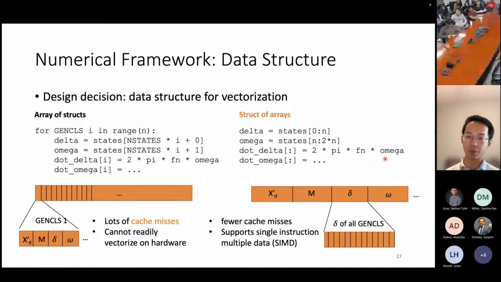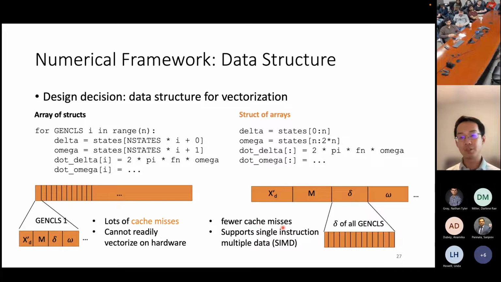So this is just one structure, and this structure demonstrated here has 4 arrays. Each of them stores the whole array of the rotor angle variable of all the Gen class devices. In other words, they're stored in contiguous memory. So when we retrieve the data, we retrieve all the delta, all the omega at once, and call the calculation at once, and put all those vectorized data into the new array.